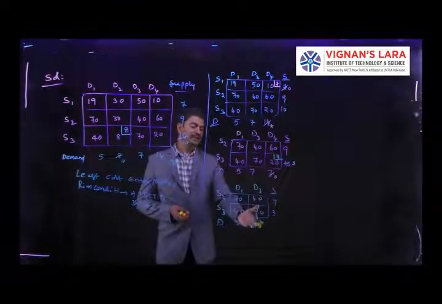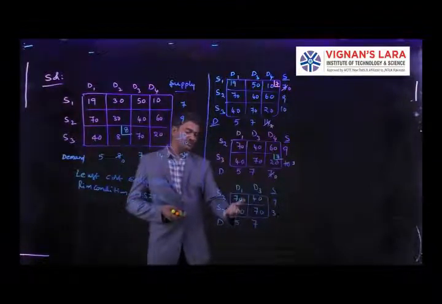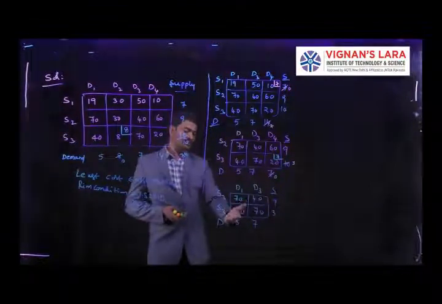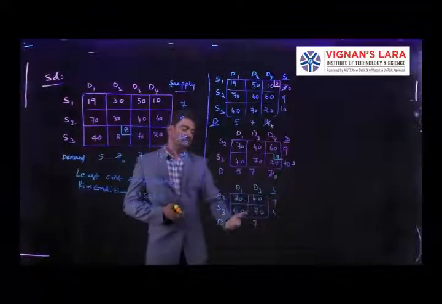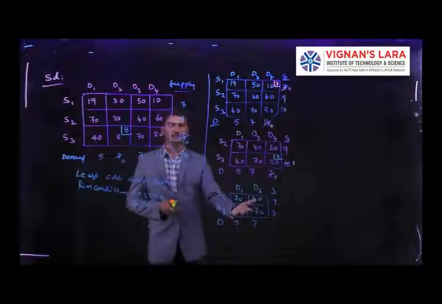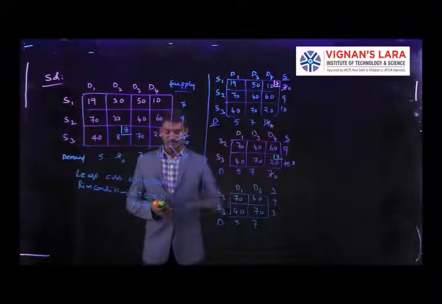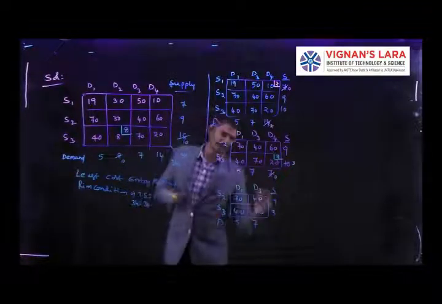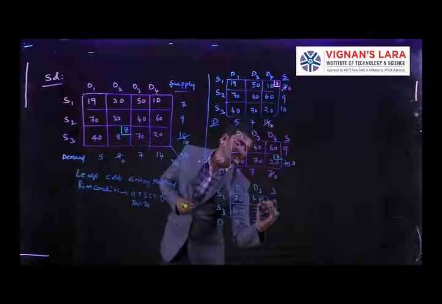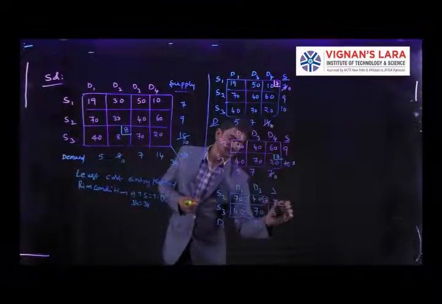That's the reason I take D3. If we take 5 units with the 3, we have only 3 units of supply, and 2 units of demand remain balanced. That's the reason I take this allocation of 7 units. After that we have 0, and here we have 2.